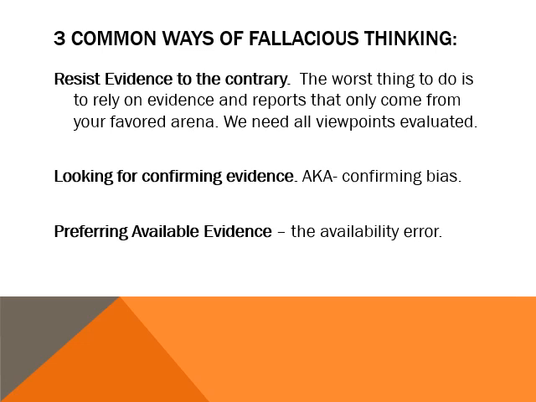The worst thing to do is to rely on evidence and reports that only come from our favored arena. We need to evaluate all viewpoints and not just limit ourselves to this kind of thinking or that kind of thinking because it came from this website or only this website. It goes for religion, it goes for race, it goes for medical, it goes for all sorts of stuff. Well, anything really.